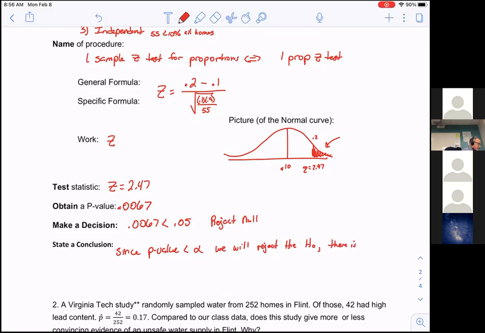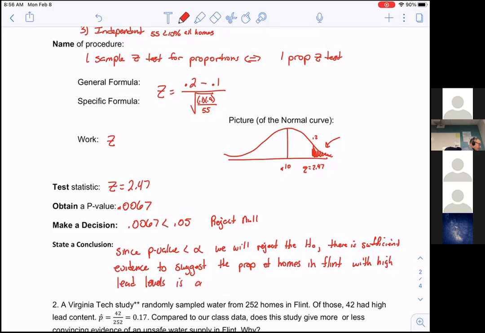There is sufficient evidence to suggest the proportion of homes in Flint with high lead levels is greater than 10%. Okay, so we have just conducted a hypothesis test.